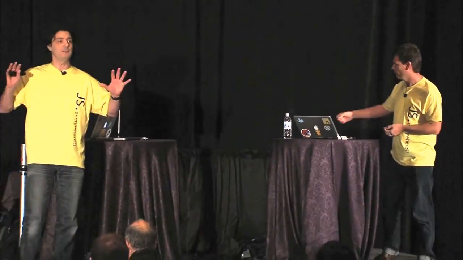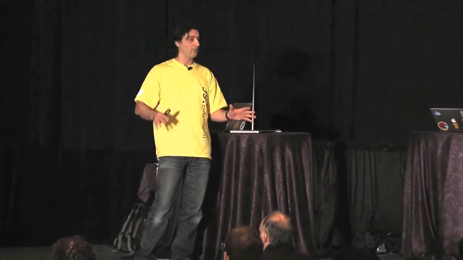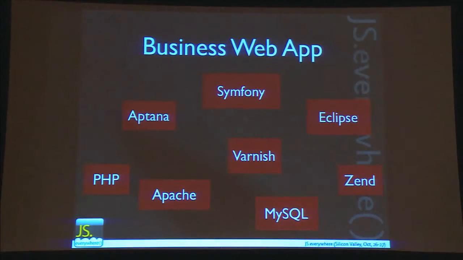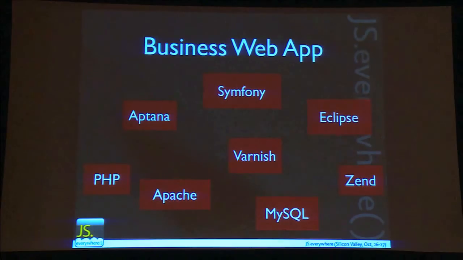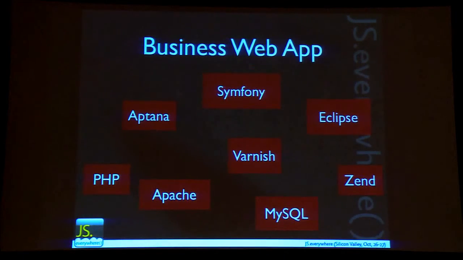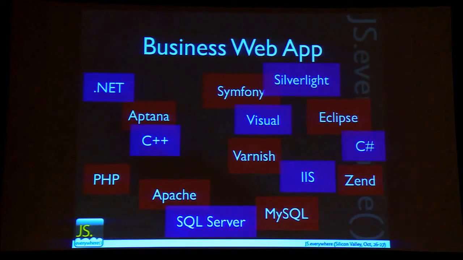So how do you create business apps today? Today, to create a business web app, we have three main stacks, plus other tools, but three main stacks. We have the LAMP stack, so Linux and so on. You may want to use Microsoft tools, so you're using C#, SQL Server, and so on.